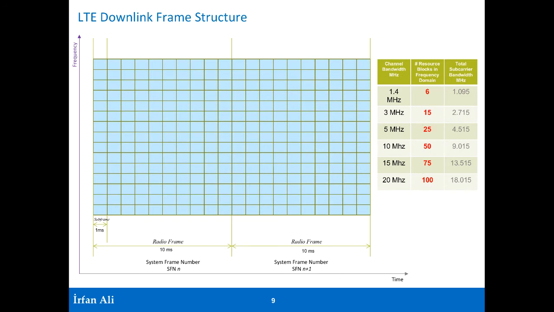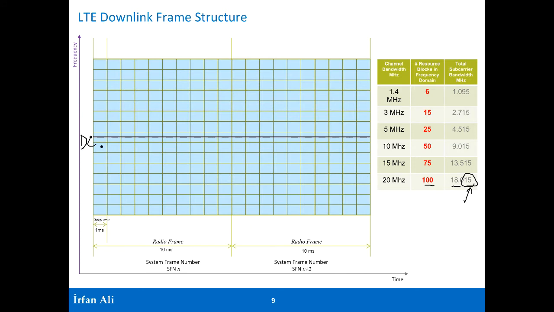One thing you'll notice is that if you've got 100 of these, you would have expected 18 megahertz, but then you have an additional 15 kilohertz, and this is at the center of the band, at the DC frequency.